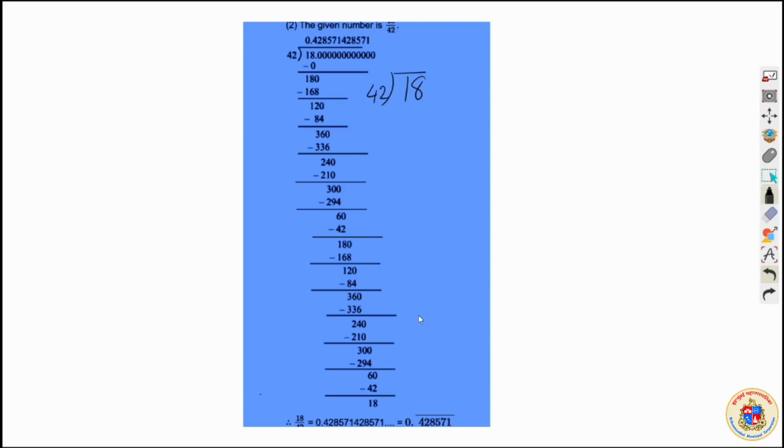Same situation, and here you are having an answer with the remainder 18, and here is a repetition of 428571. Simply keep on doing the division. Okay, let us go ahead.